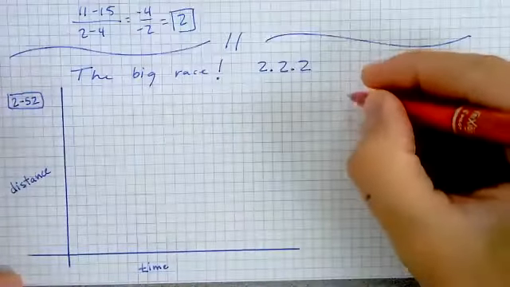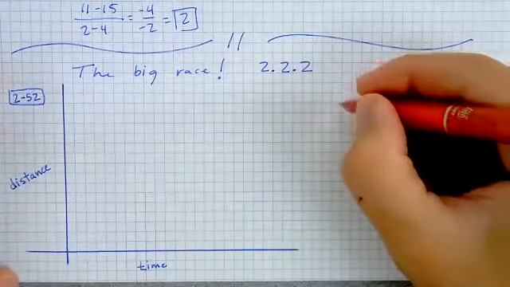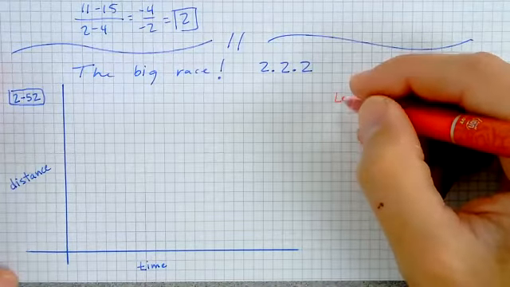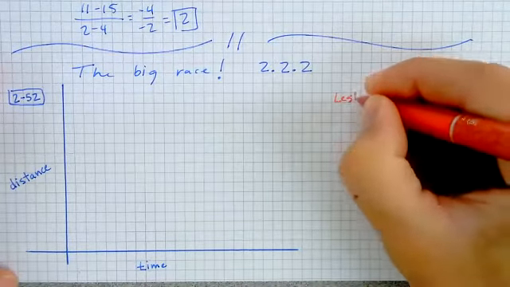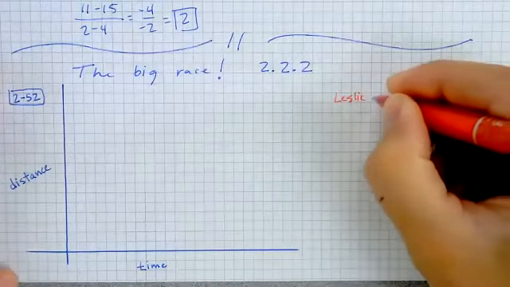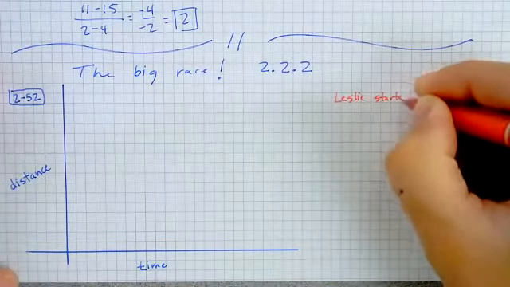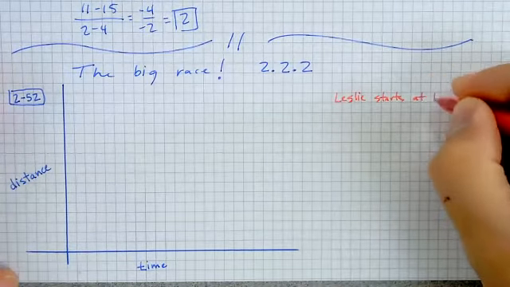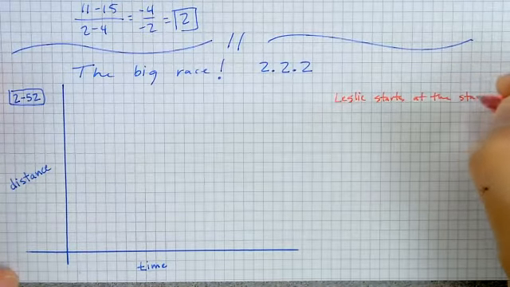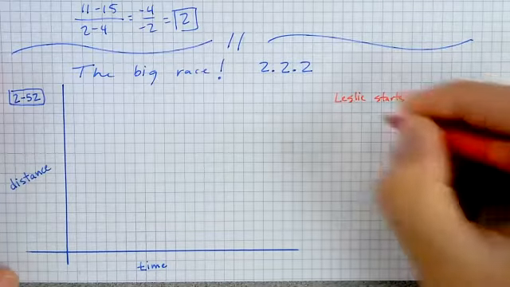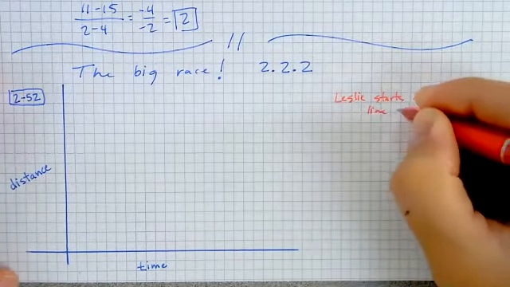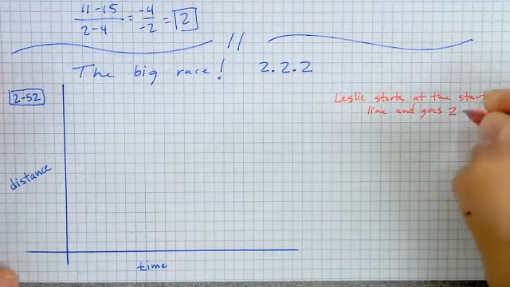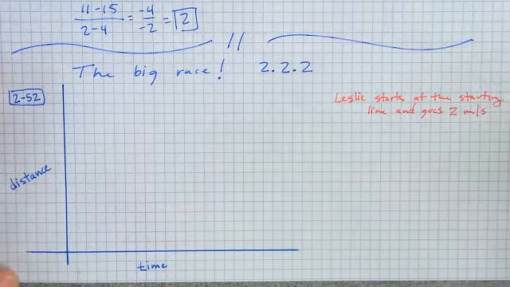All right, so again, we'll start with Leslie. She was the first one, right? Leslie starts at the starting line and goes 2 meters every second.